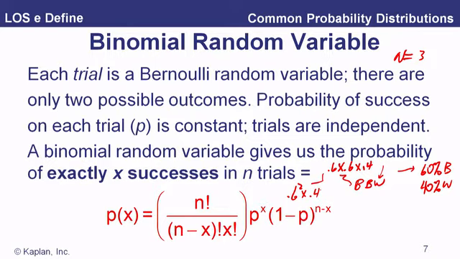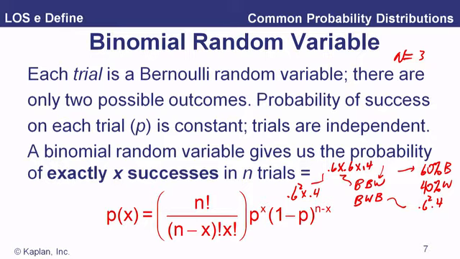We could also get 2 successes in 3 trials by choosing a black one, a white one, and then a black one. What's the probability of that? It's going to be exactly the same. We've got 2 black ones, that's 0.6 squared, and 1 white one, that's 40%. So the probability of getting black, white, black is exactly the same as the probability of getting black, black, white.